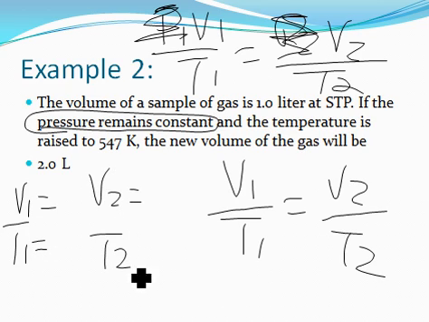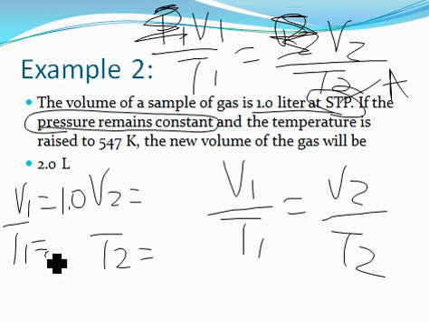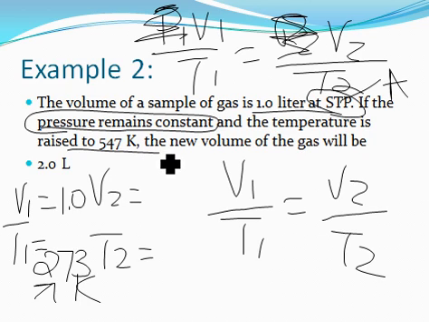So the volume is initially at 1 liter. It's at STP, which remember is on Table A. It tells us it's 273. We have to have it in kelvins, so it will be 273. They say the temperature is raised to 547 Kelvin. The new volume, well, we don't really know.